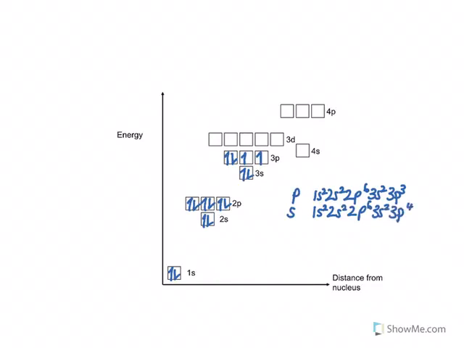So again, let's do the charge, distance, shielding, repulsion, energy of the sublevel. Well, the charge on the sulfur nucleus is higher than the charge on the phosphorus nucleus, so that doesn't make any sense. The distance between the nucleus and the outer shell electron in sulfur is lower than the distance between the nucleus and outer shell electron in phosphorus, so distance doesn't make any sense either.